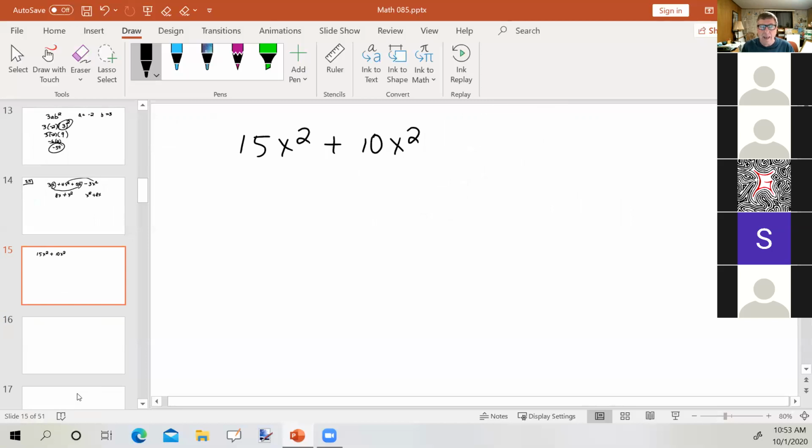So we're going to add their coefficients. 15 of something plus 10 of the same thing is 25 of that something being x squared. All right, so 15x squared plus 10x squared equals 25x squared. Any questions about that? Okay.